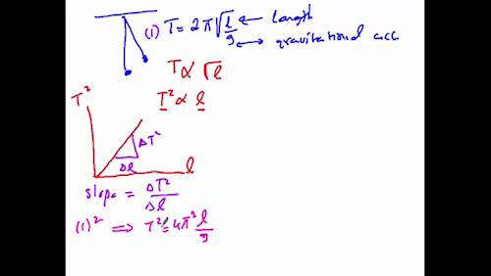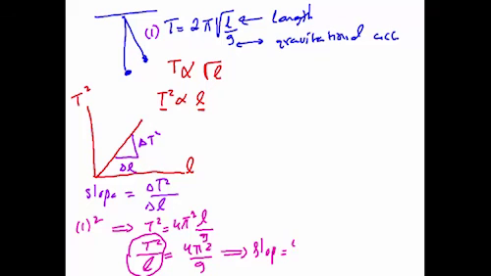From here, T square over L will give us 4 pi square over g, and this is representing the slope. So the slope is 4 pi square over g, and from here one can calculate the value of g.